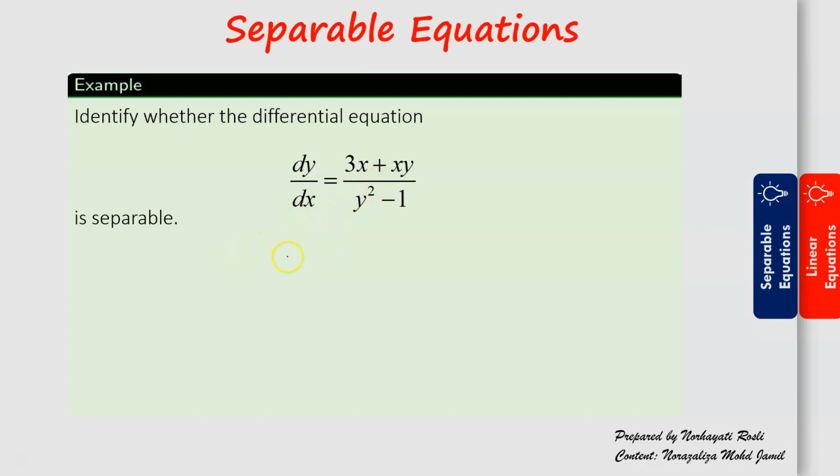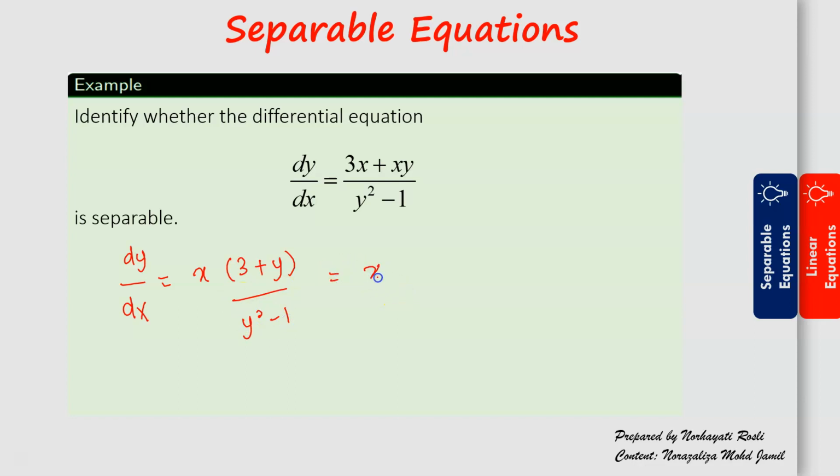Because for this case, I can write here dy dx equal to, I can factorize this x. So I have x here, 3 plus y divided by y squared minus 1.